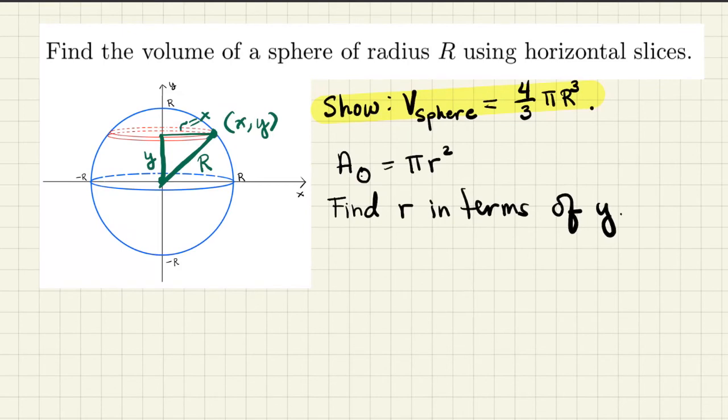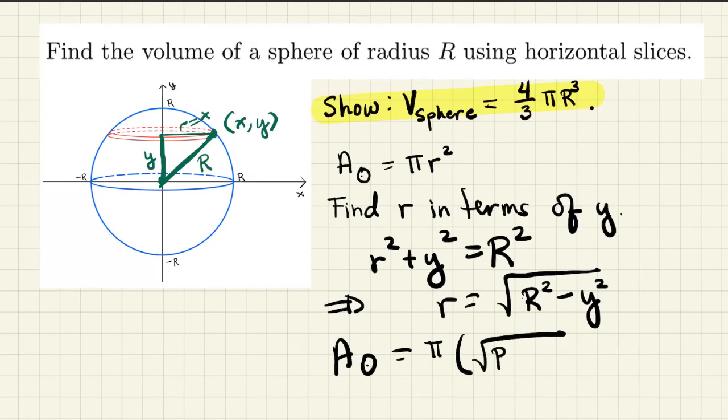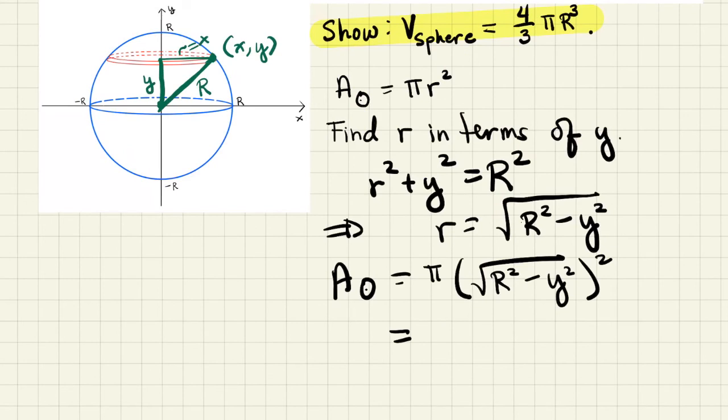So, by Pythagorean theorem, alam natin na ang r squared plus y squared equals capital R squared. So, this means that r is equal to the square root of capital R squared minus y squared. Thus, the area of a circle is equal to pi times the square root of capital R squared minus y squared, squared, or this is equal to pi times the quantity R squared minus y squared. Okay?